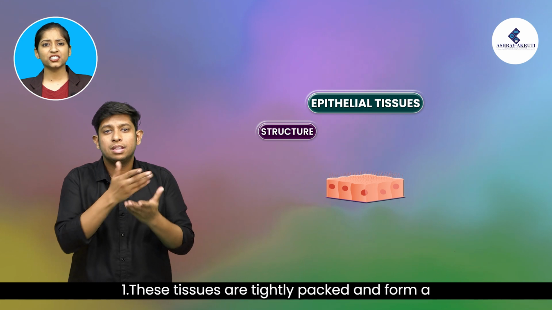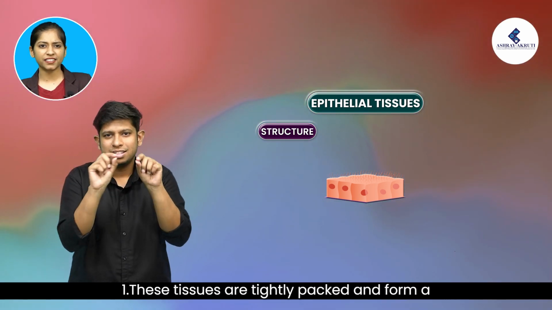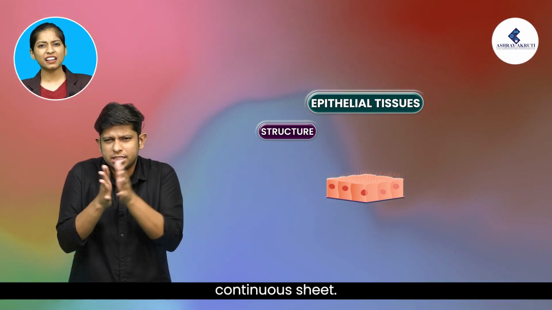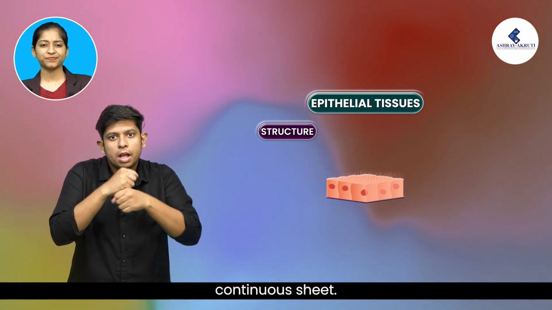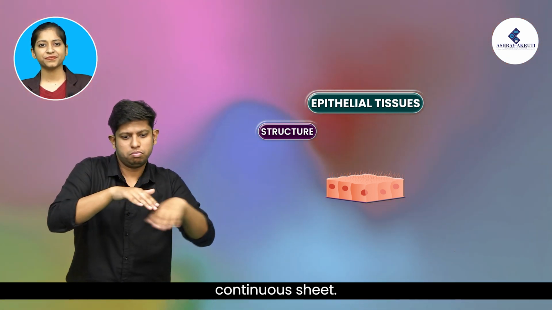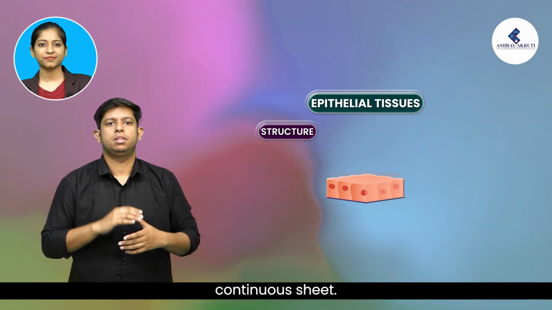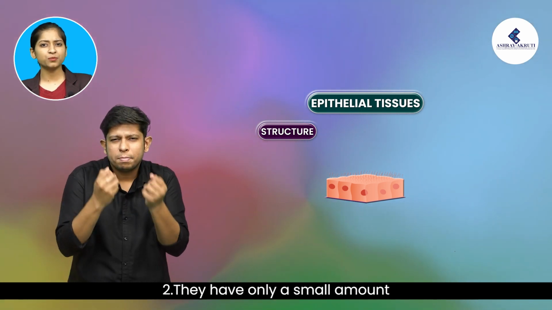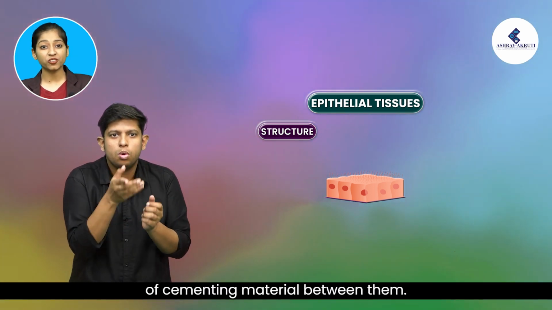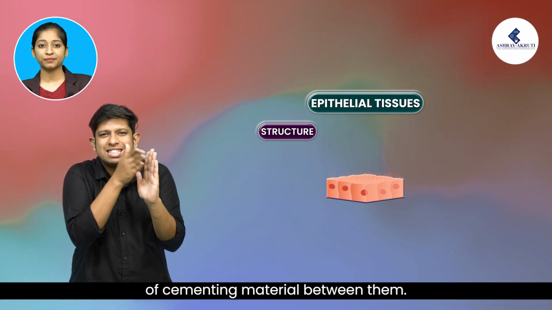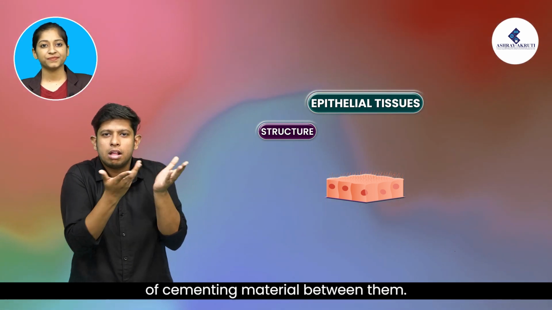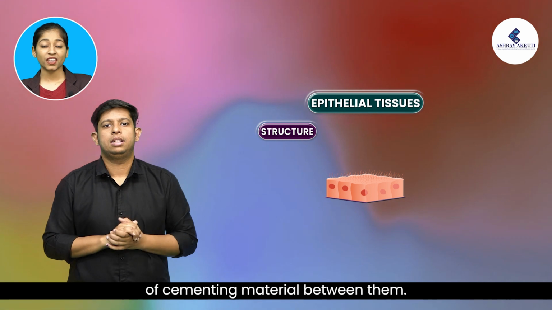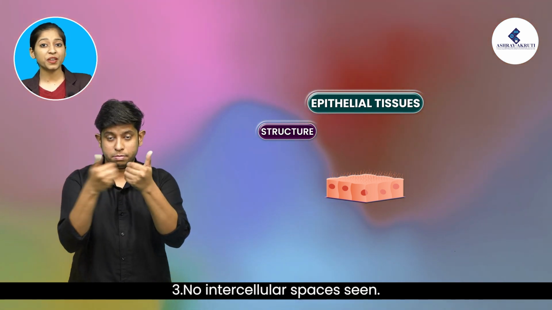Structure: these tissues are tightly packed and form a continuous sheet. They have only a small amount of cementing material between them. No intercellular spaces seen.